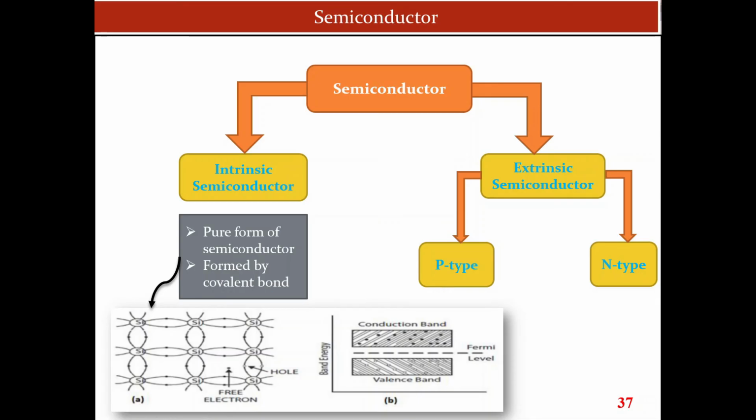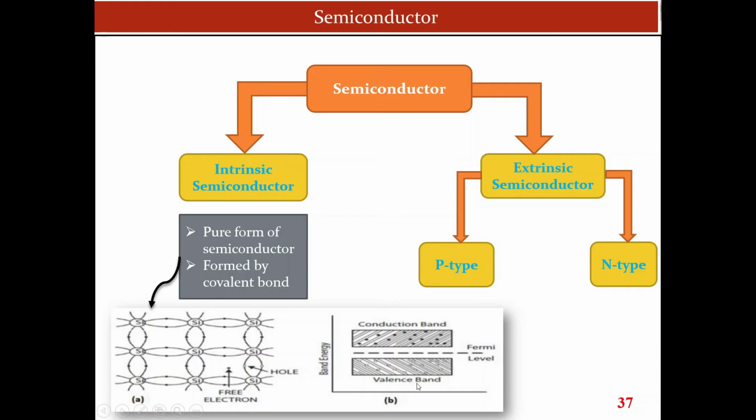That's why you say P-type. The majority carriers in P-type materials are holes. The minority carriers in P-type materials are electrons, whereas the majority carriers in N-type materials are electrons. The minority carriers in N-type materials are holes, because we have a large number of electrons compared to the minority carriers, which are holes.